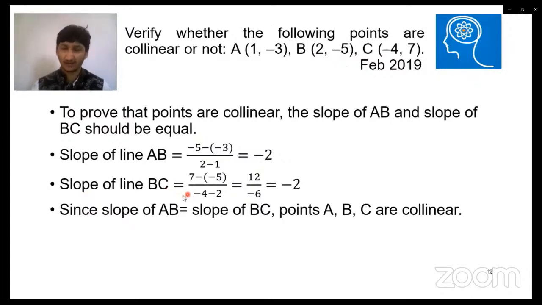Similarly, we can find out the slope of line BC, that is y2 minus y1 upon x2 minus x1. That will be 7 minus in bracket -5 upon -4 minus 2. That is also -2. So slope of line AB is equal to slope of line BC. जर दोघांचा स्लोप इक्वल आहे, so we can easily say that points A, B and C are collinear.